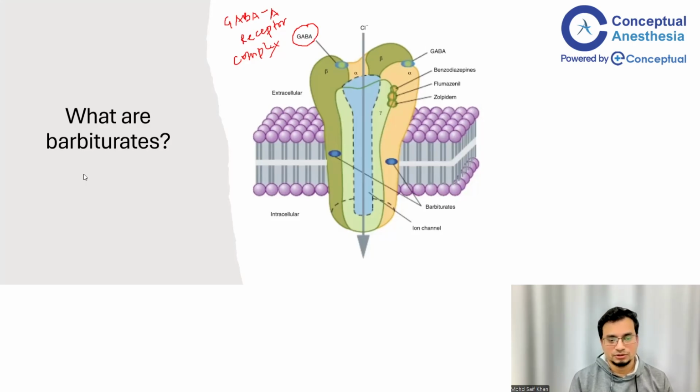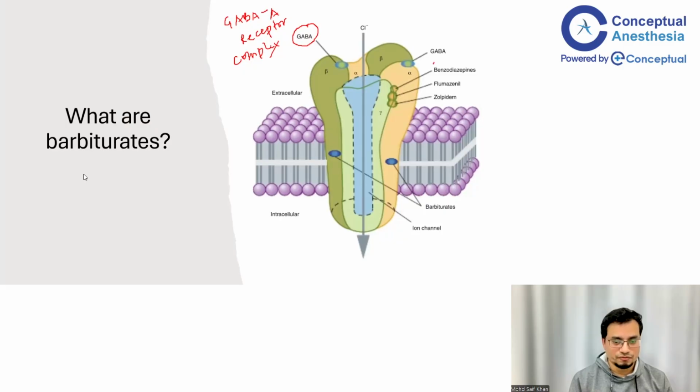So this is the whole pathophysiology of how barbiturate works. They keep open the chloride channel inside the GABA receptor complex, so that GABA can go through these channels and continue its effect over the neurons, basically neuroinhibition. This is the mechanism of action of barbiturate.